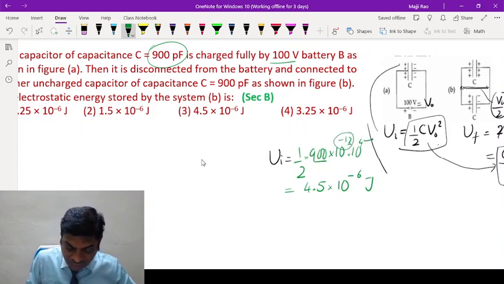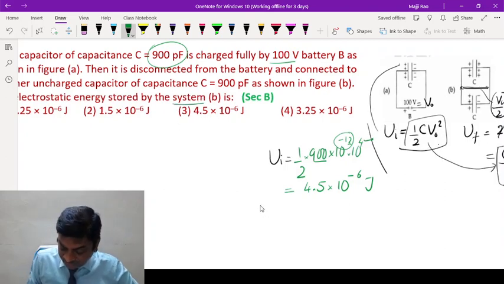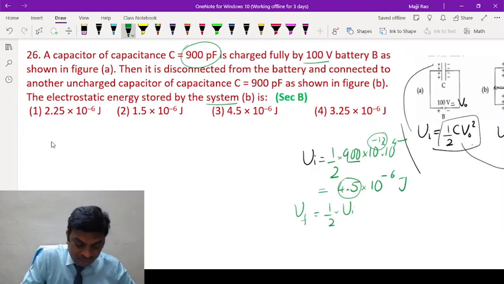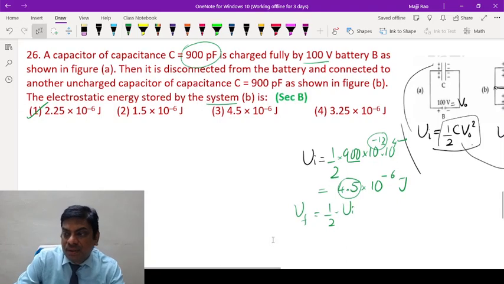So the new energy stored in the system, both the capacitors together, the final energy, is half of initial energy. Half of 4.5 is 2.25 into 10 power minus 6. So first option is the correct option.